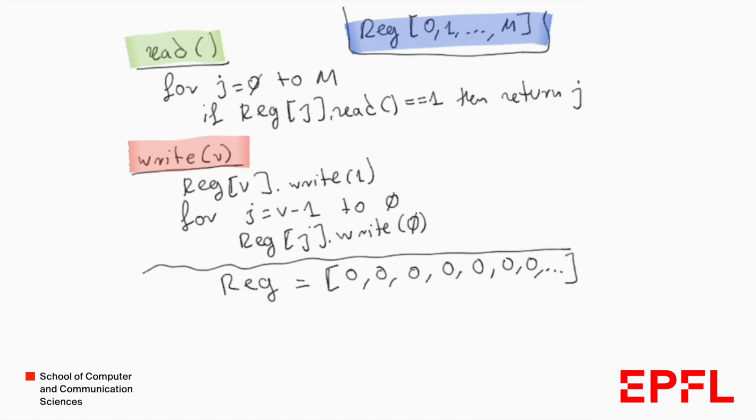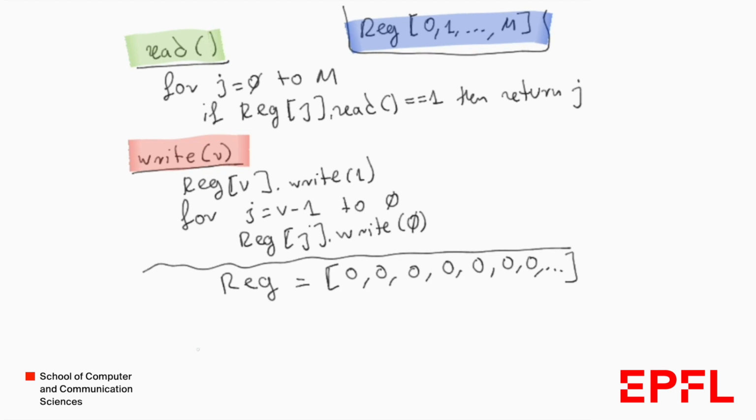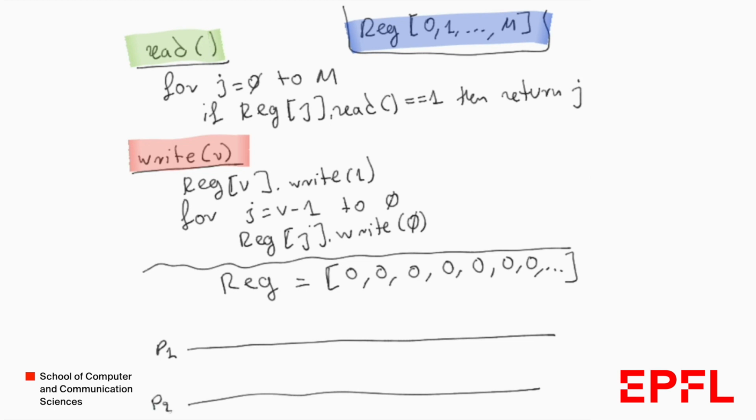So consider this array of binary atomic registers, and then consider we have two processes, P1 and P2. And now we want to create an execution where atomicity is violated. So let's consider the following example. Let's say process P1 issues a write and writes 2, and later on issues another write and writes 5.